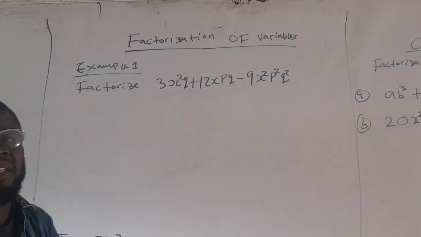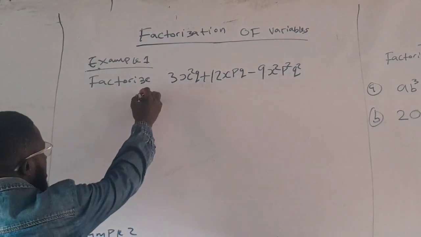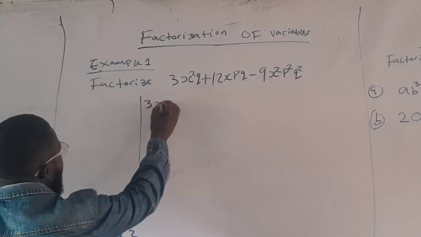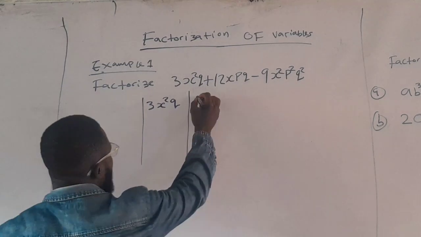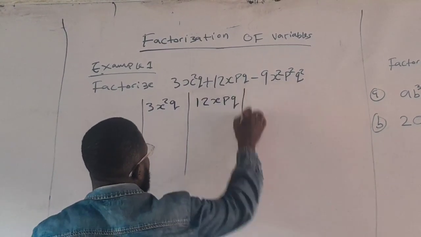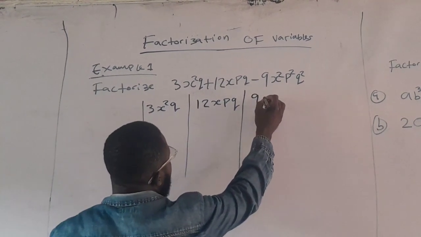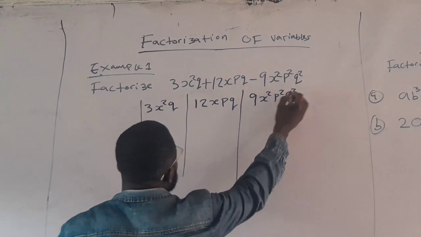The best way is to go through the table method. You now go like this. You draw your table, write the first one, 3x squared q cubed. The second one is 12x p cubed. The third one is 9x squared p squared q squared.